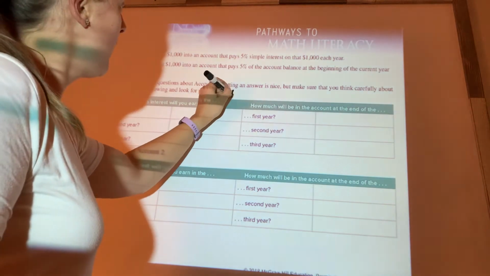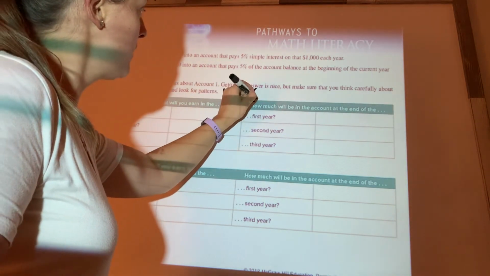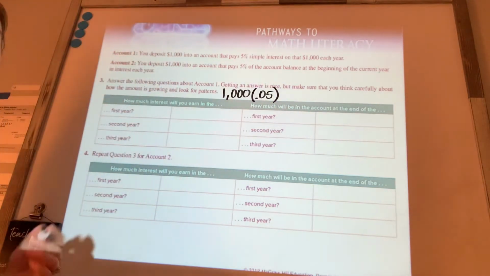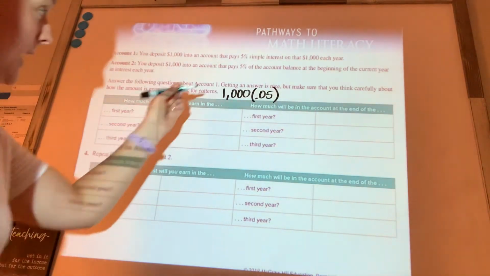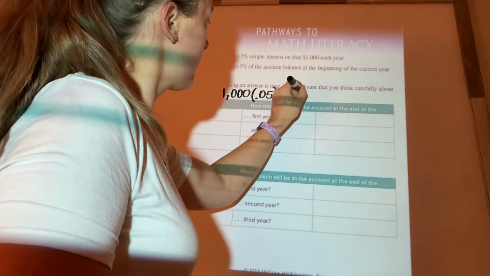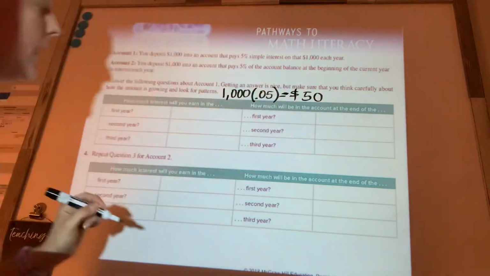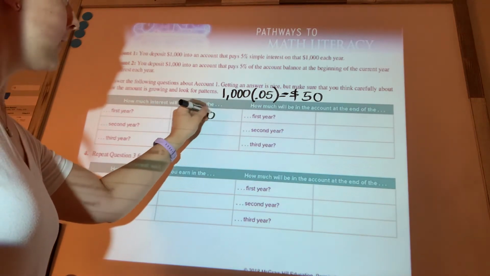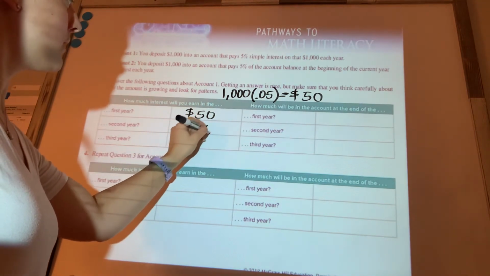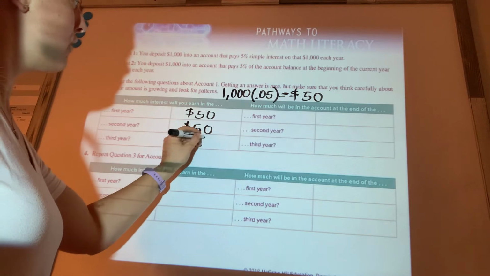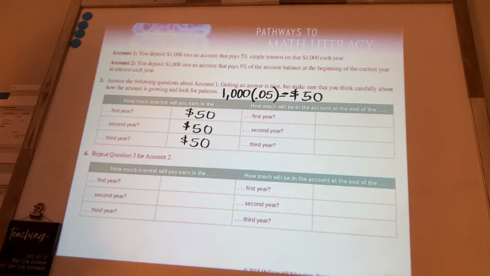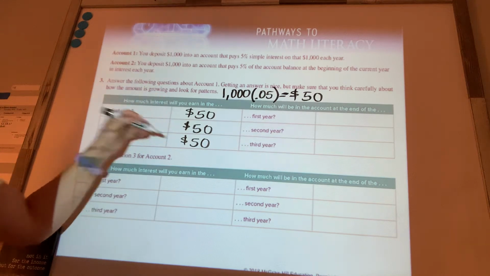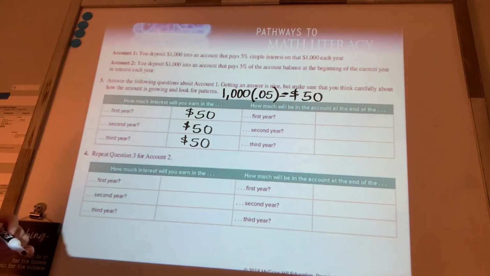So I have to figure out what is 1,000 times 0.05. In other words, I'm trying to figure out what is 5% of 1,000. And we should get $50 here, okay? So that means that every single year I'm going to get the same amount of interest. Each year it's going to be $50. That's why it's called simple interest, because the amount is the exact same interest every single year.